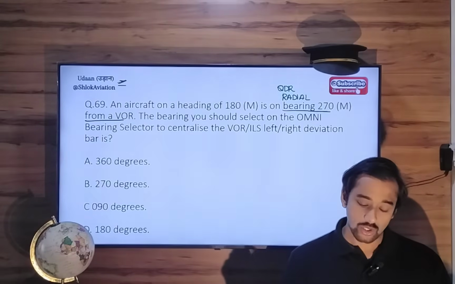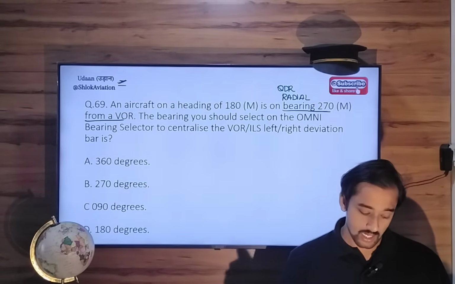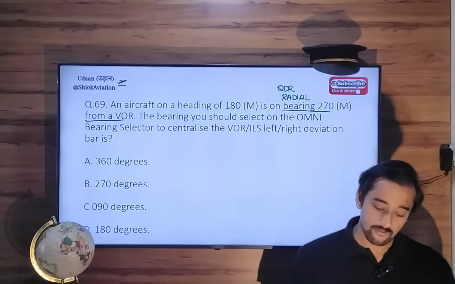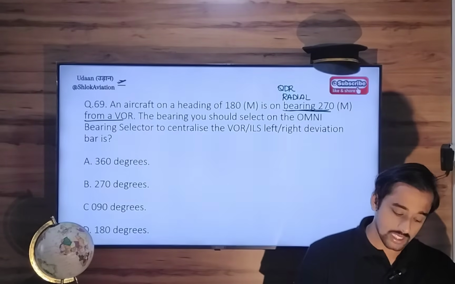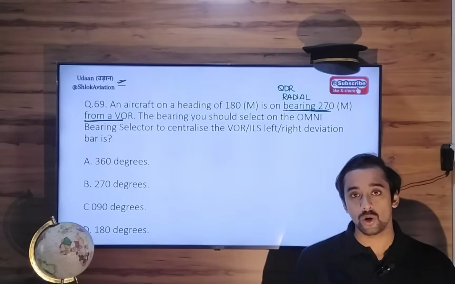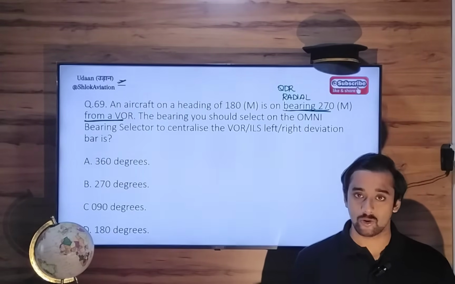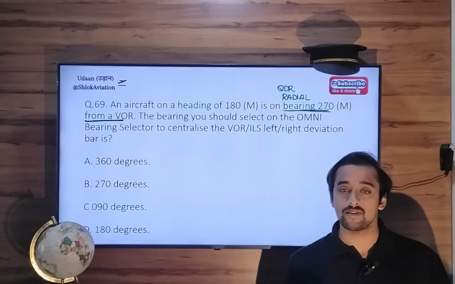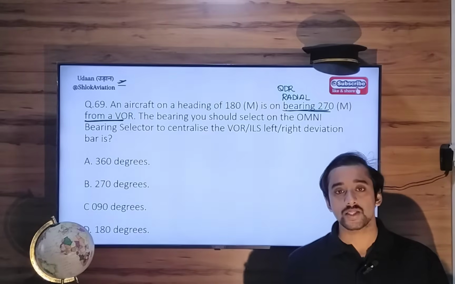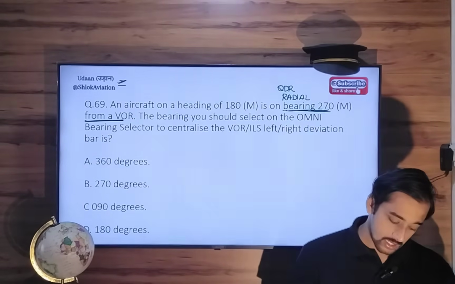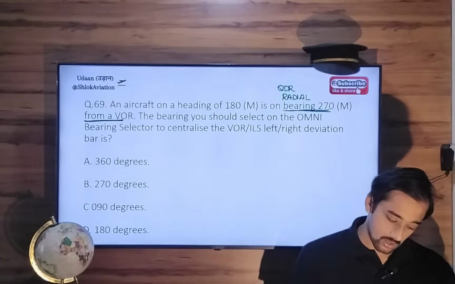The bearing that you should select on the OBS to centralize the VOR bar should be what? Now, if the aircraft is on radial 270 from a VOR, then in the OBS setting you should also put a course of 270. If the aircraft is on radial 270 and you put 270 in the OBS as well, the CDI needle will remain in the center. So the correct option is 270.